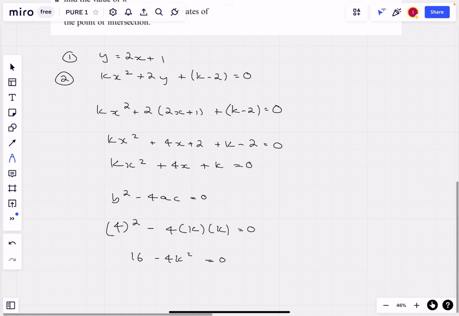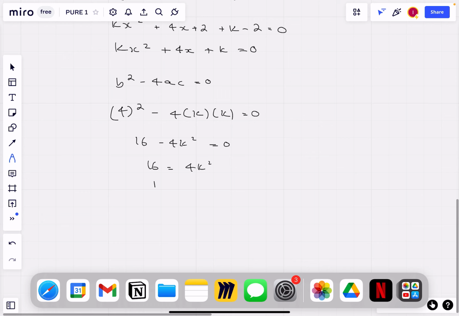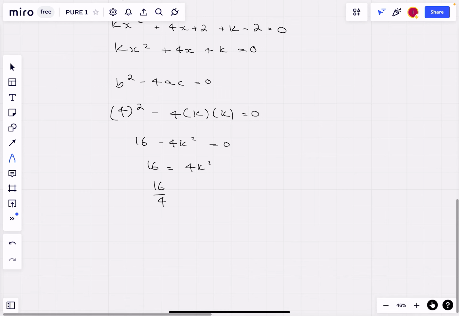So that means 16 equals 4k squared. So 16 over 4 equals k squared. 4 equals k squared. Root 4 equals k.